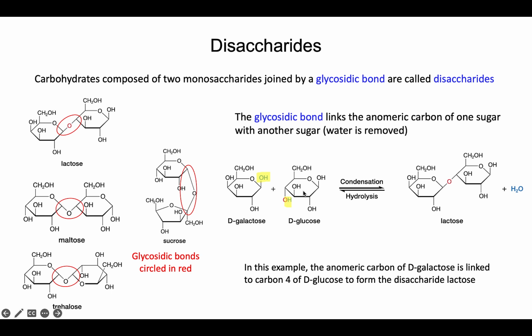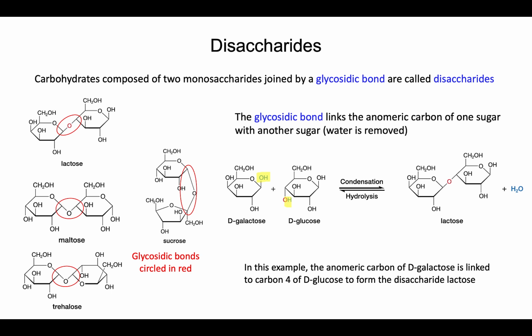In the reaction to form a disaccharide, the anomeric carbon of the first carbohydrate, so that of D-galactose, will react with the hydroxyl group of another sugar. So in this case, it's carbon number 4 of D-glucose. And when this happens, a molecule of water will be removed.